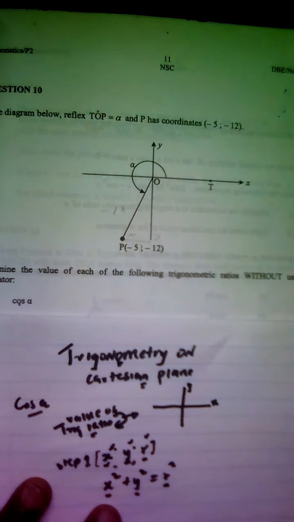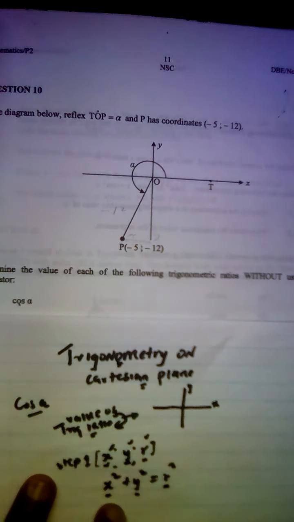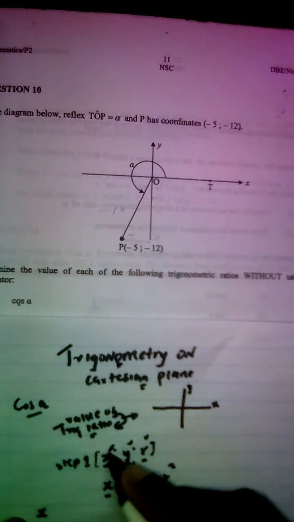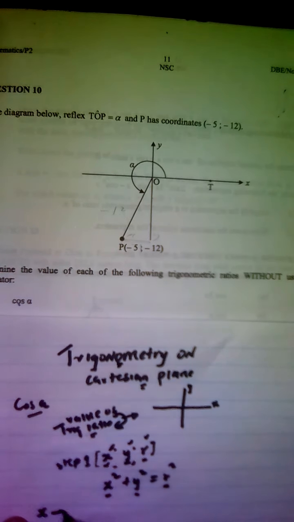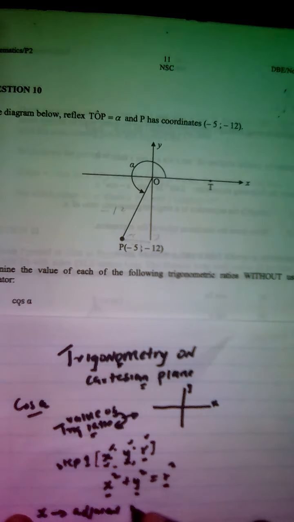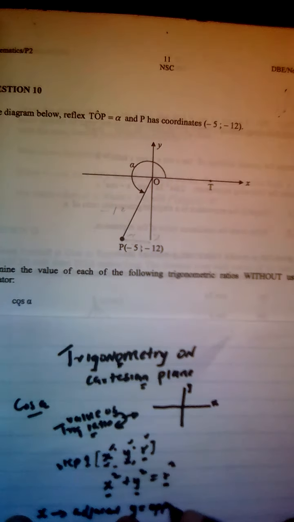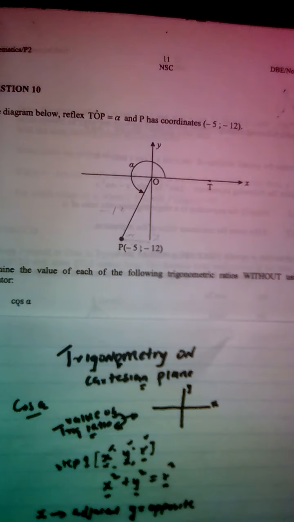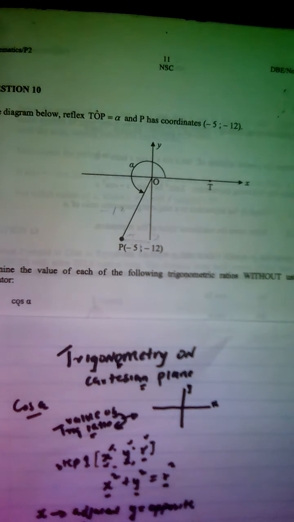And one more thing, in this trigonometry of a Cartesian plane, you have to know that this variable x that we have to find represents the adjacent, this variable y that we have to find represents the opposite, and the variable r that we have to find represents the hypotenuse.